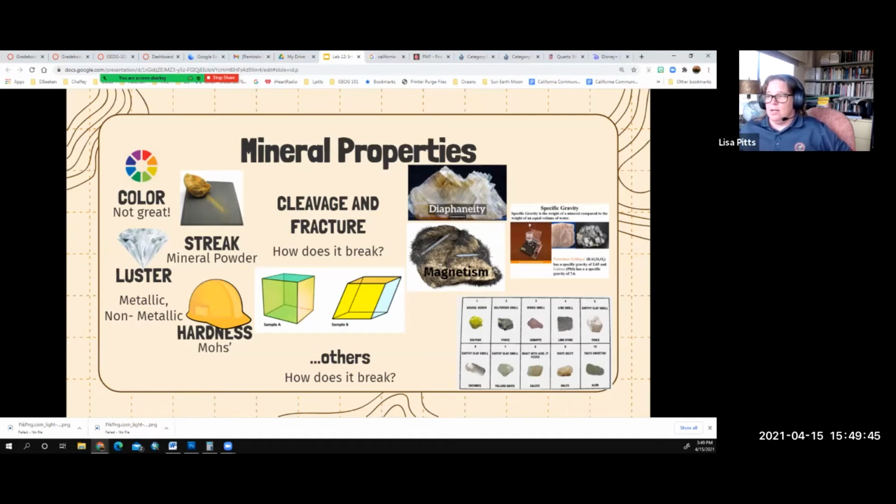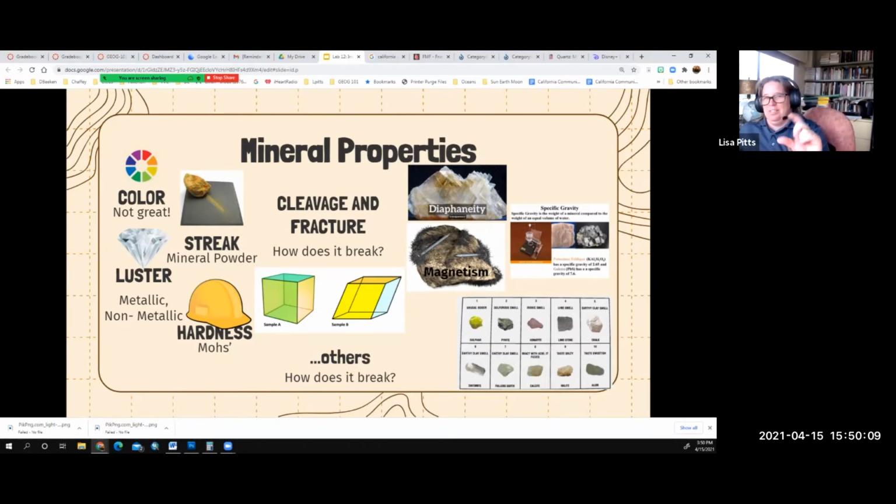I'm sorry. So one of them is what's called diaphanity, which is transparency. Can you see through it? Does light transfer through it? Magnetism. So does it attract metal to it? Specific gravity. One of the samples that he held up, a little shiny metallic one, was a little cube.